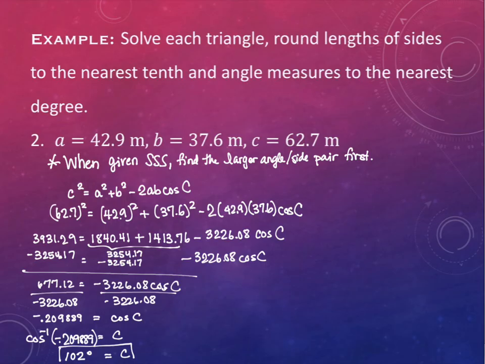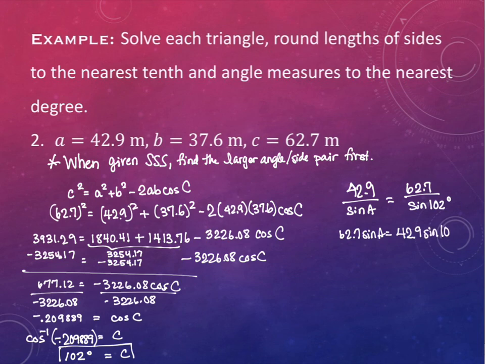So I'm just going to go with side A at the beginning now. So the 42.9 over sine of A will equal the 62.7 over the sine of 102. Was it 102? Yeah, 102. So we can cross multiply. This is the 62.7 sine A is 42.9 sine of 102. And I'll divide by my 62.7.